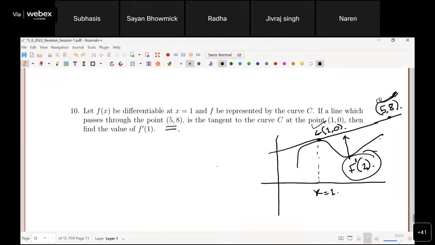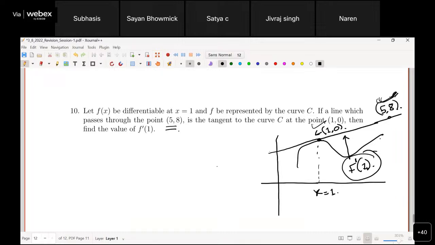Okay. Any doubt from this question? Sir, if these two points are given, why can't I equate the formula from the two-point straight line formula?